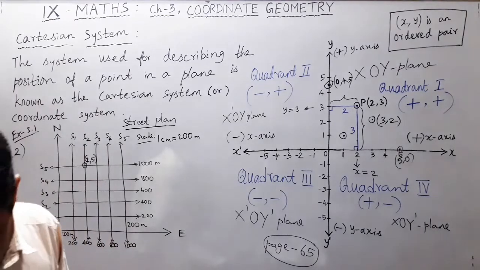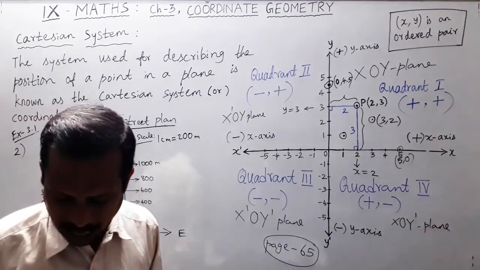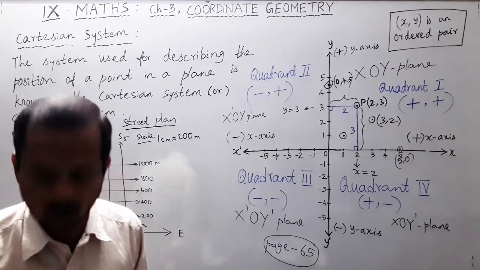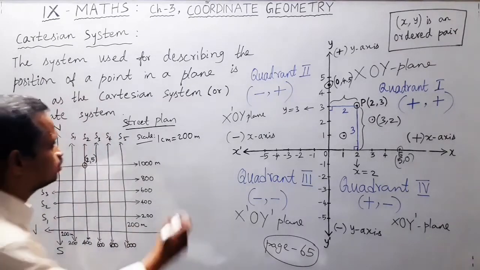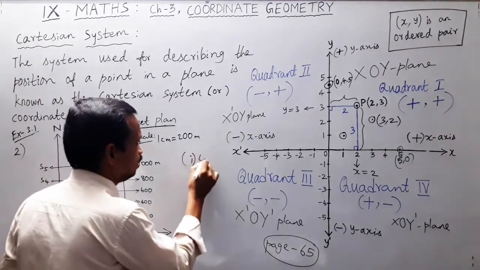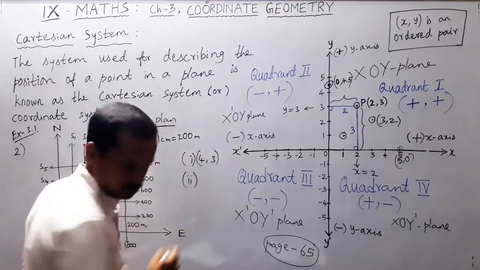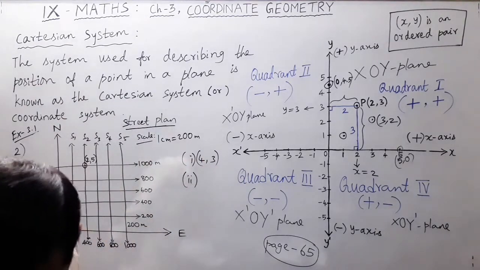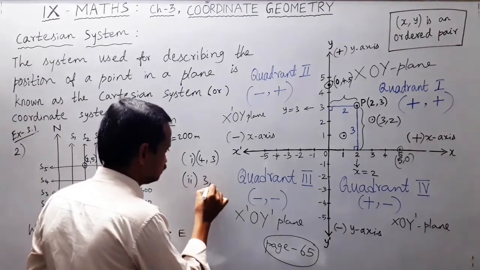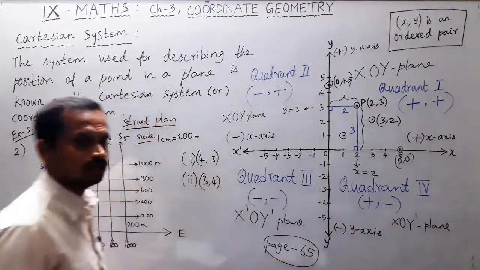So find, option 1: how many cross streets can be referred to as 4, 3? The first option they have given is 4, 3, and the second option they have given is 3, 4. Clear?